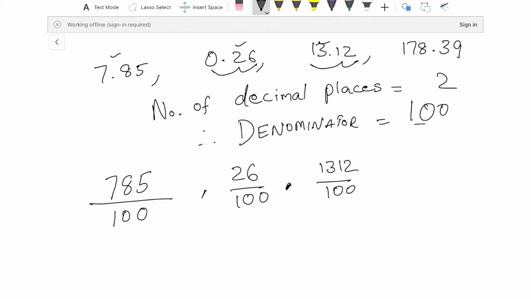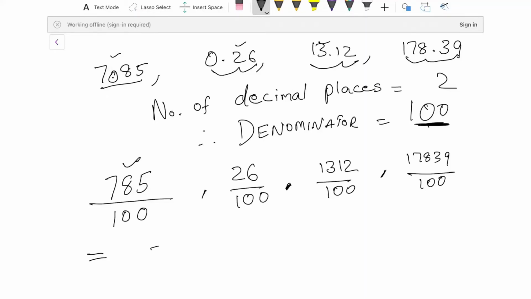The denominator is 100, remember, for all these. And 178.39 can be written as 17839 divided by 100. Okay, so numerator, remember, all you have to do is to write the decimal without the point.